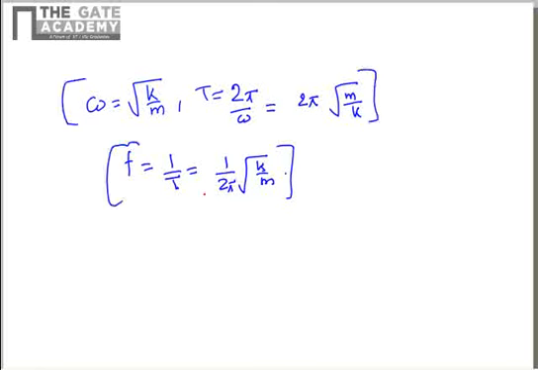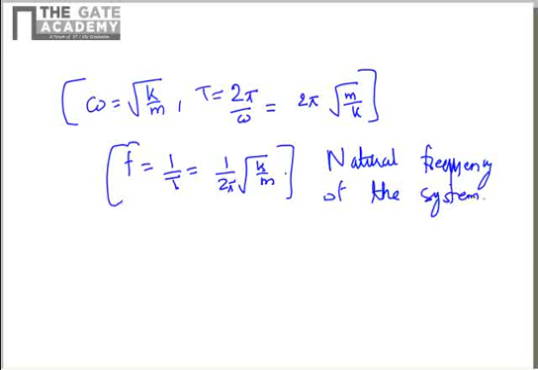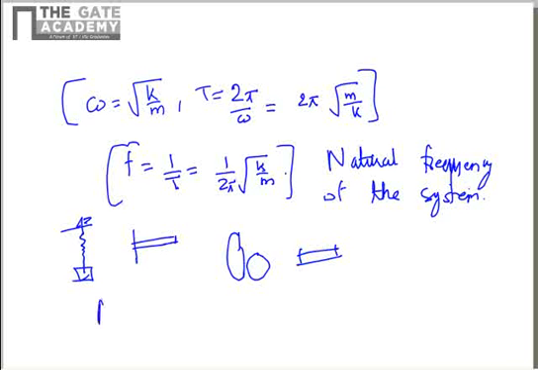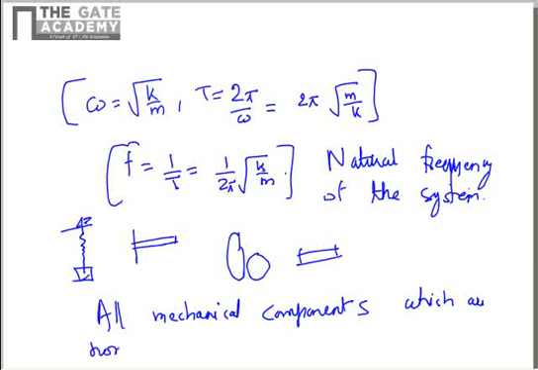So like this you can find the natural frequency of the system. The determination of natural frequency of the system is of main interest in many applications, because any system, whether a spring mass or a cantilever beam or a torsional pendulum, any component, even complicated industrial components like gears or belt drive, shafts, cam, axles, all mechanical components which are non-rigid, which have a capability of vibration, and elastic.